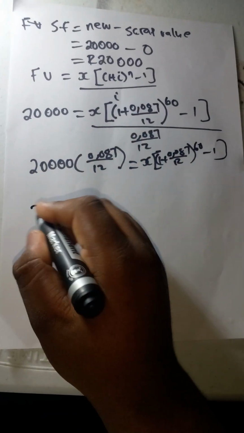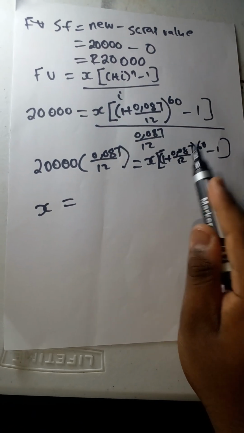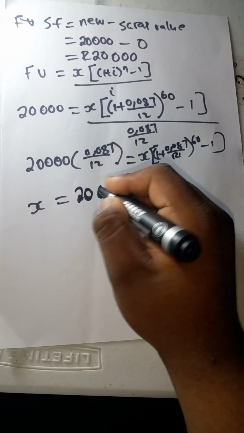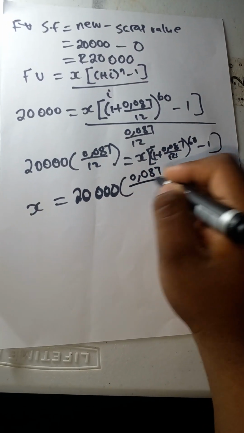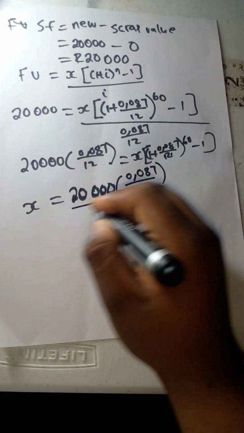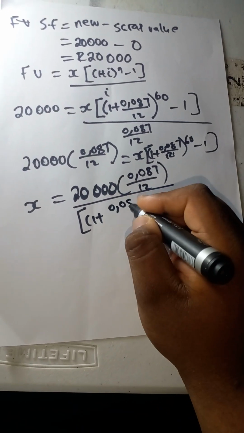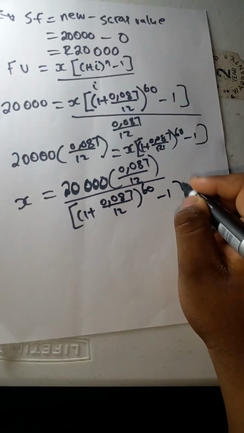To get the value of x, you divide everything by this one, because we are looking for the value of x. So it will be 20,000 times 0.087 over 12, over (1 plus 0.087 over 12) to the power of 60 minus 1.